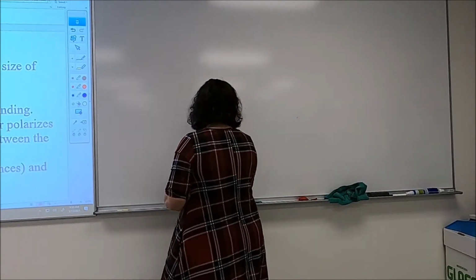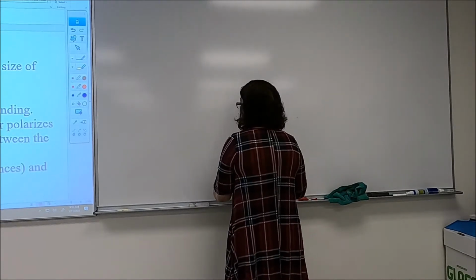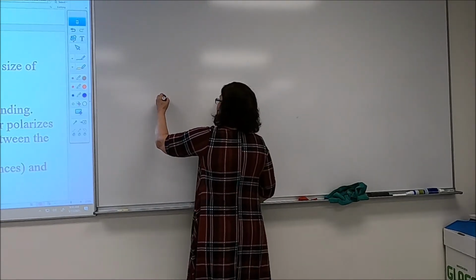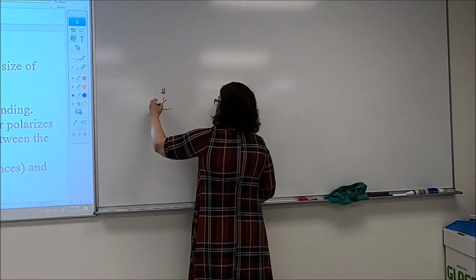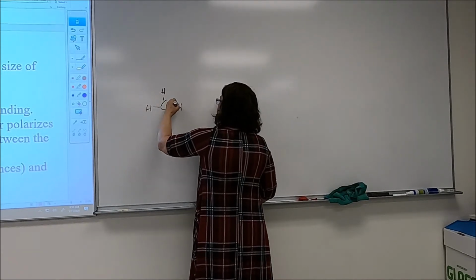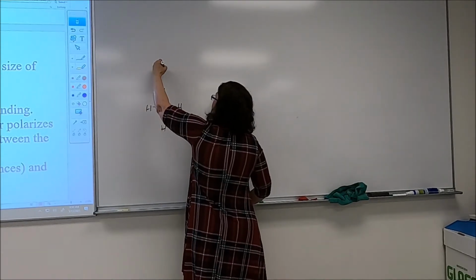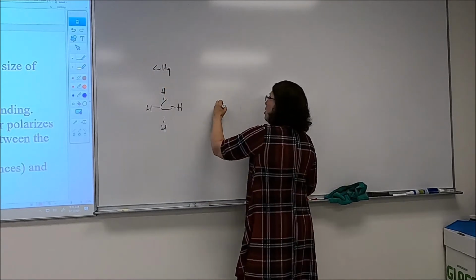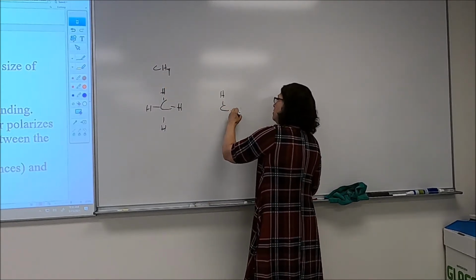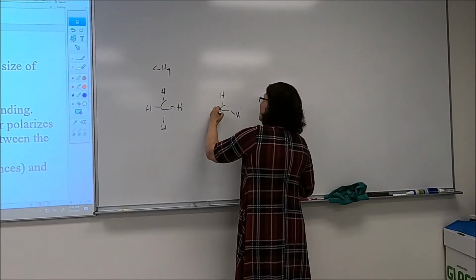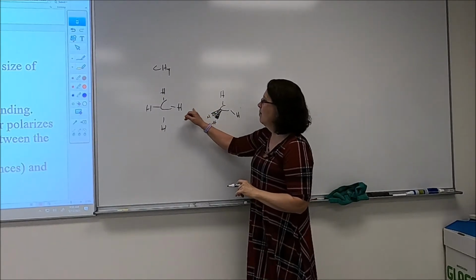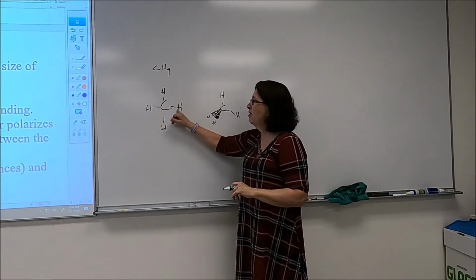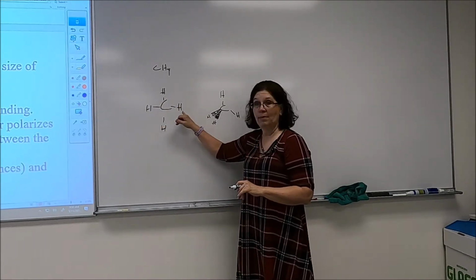Now, if I were to look at, let's say, methane. Okay, Lewis dot structure looks like this. CH4. I draw it in 3D. Looks like this. Okay, if I think about this, every group around the central carbon atom is the same.